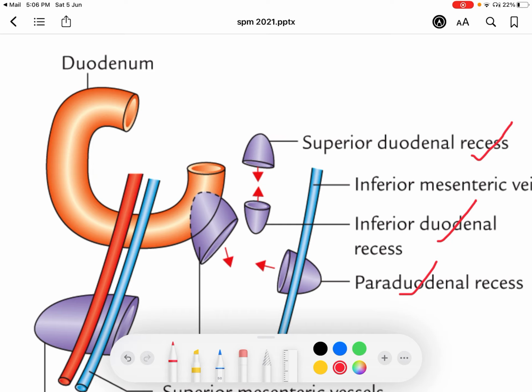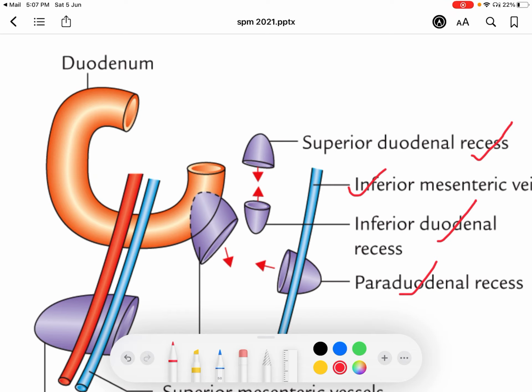The inferior duodenal recess lies a little below the superior recess, behind the inferior duodenal peritoneal fold. The paraduodenal recess is the lowest. It lies to the left of the fourth part of the duodenum. And this paraduodenal fold contains the inferior mesenteric vein. You can see here the inferior mesenteric vein.